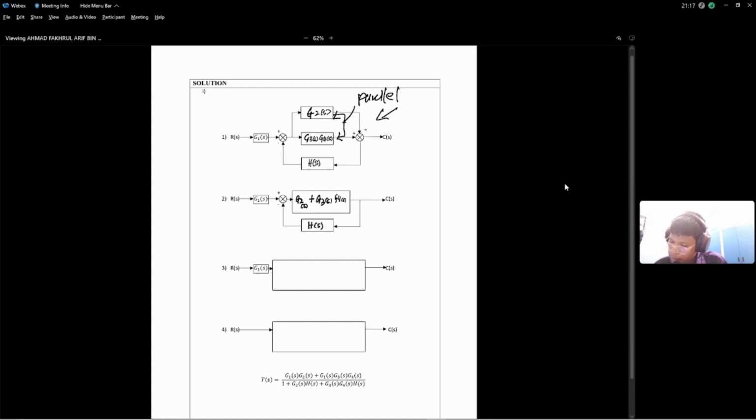The formula for parallel is plus. If it's series, multiply.